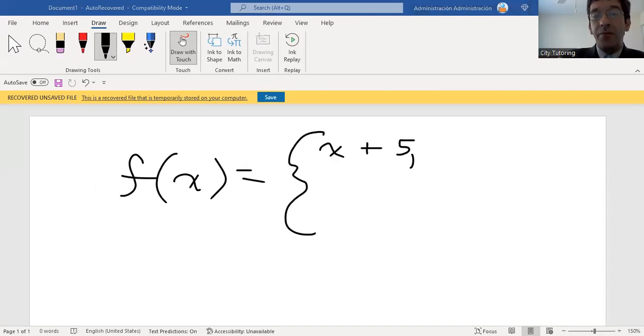Okay, so it's going to be x plus 5, let's say if -9 is less than or equal to x, and also less than or equal to -3.